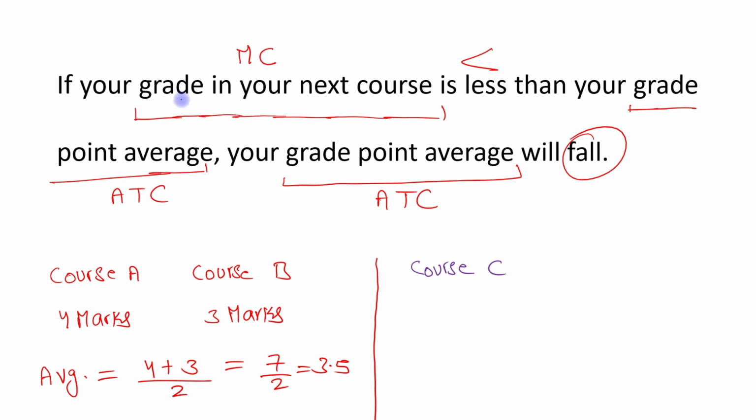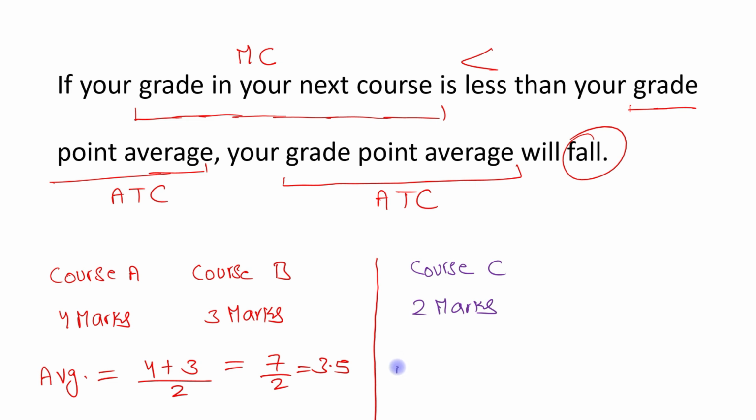Now if your grade in your next course, course C, is less than the average, average कितना है, 3.5. ठीक है, और अगर जो मार्क्स हैं कोर्स C में वो लेस हों, less than this 3.5, suppose that I am taking it as 2 marks, which is less than this average, right?